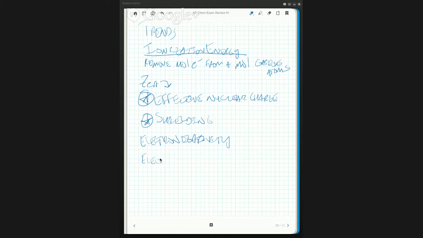they do like to talk about electron affinity. Okay, and the thing about electron affinity is that it's the energy released when a gaseous atom gains one or more electrons.